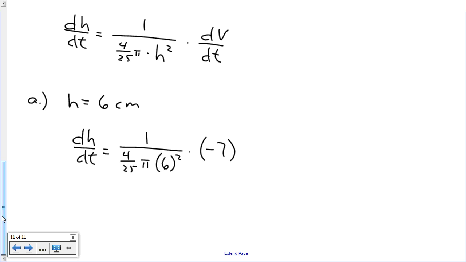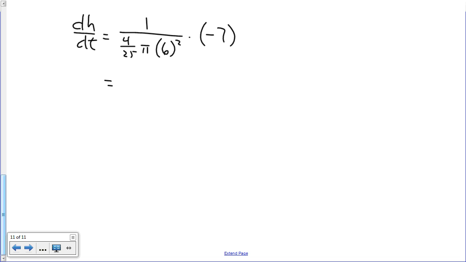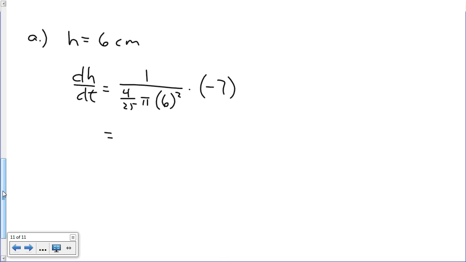And I guess we can simplify this here just a little bit, or at least rewrite it a little bit. 6 squared here is 36 times 4 is what? Let me just punch that in my calculator here. Is 144. So I guess I can write this as 1 over 144 over 25 pi.